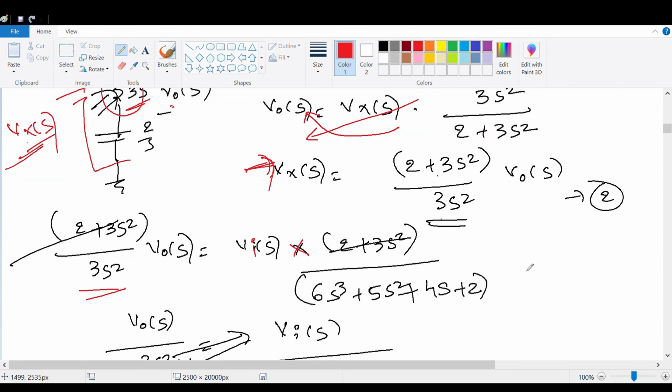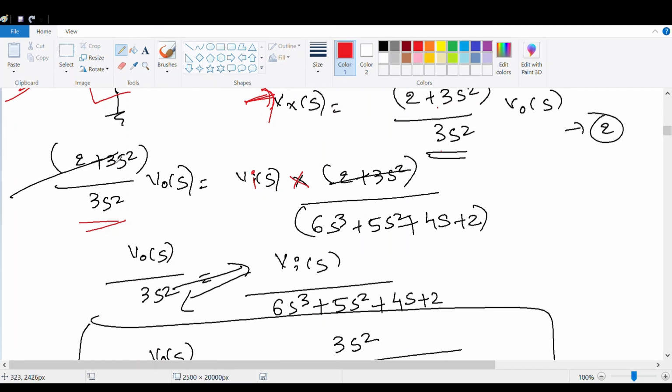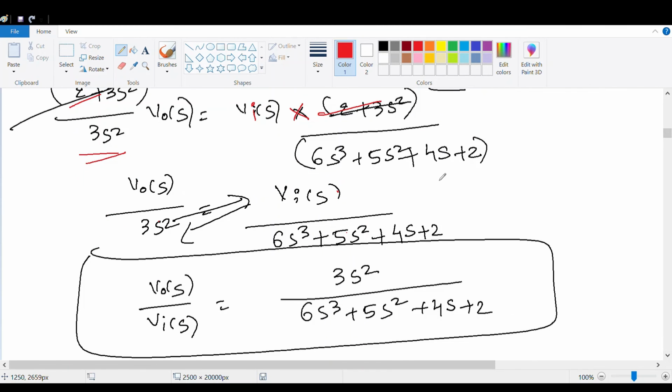After that 2 plus 3s square and 2 plus 3s square cancel, so V naught of s by 3s square equals Vi of s by 6s cube plus 5s square plus 4s plus 2. Therefore, moving this direction and this direction, V naught of s by Vi of s is equal to 3s square by 6s cube plus 5s square plus 4s plus 2, which is the required transfer function they have asked.